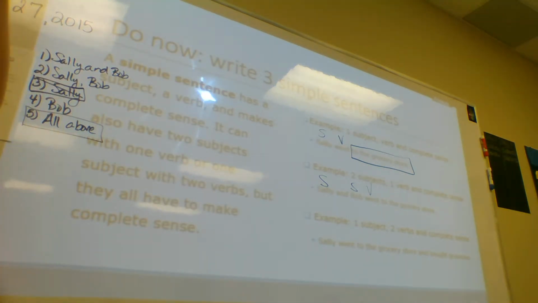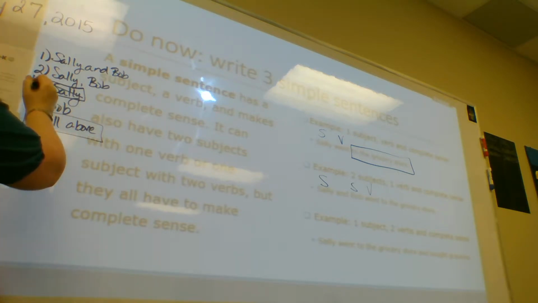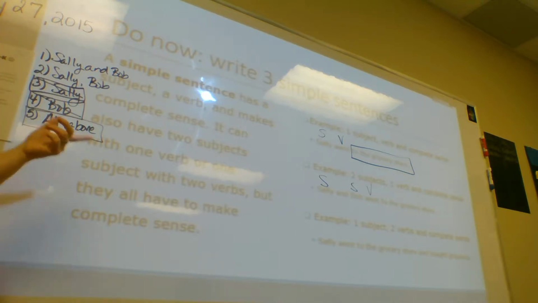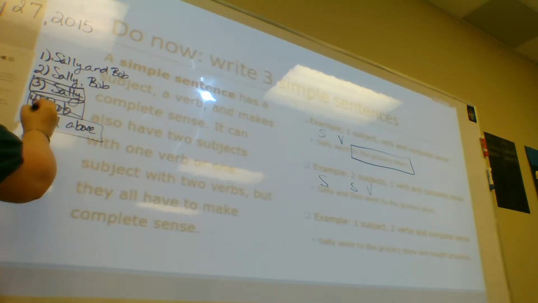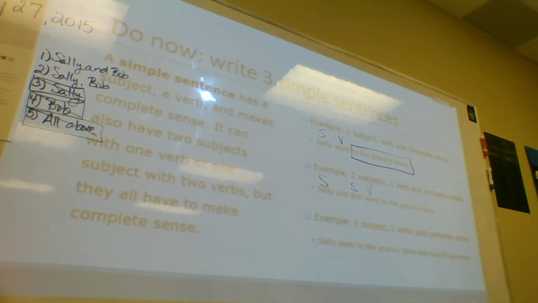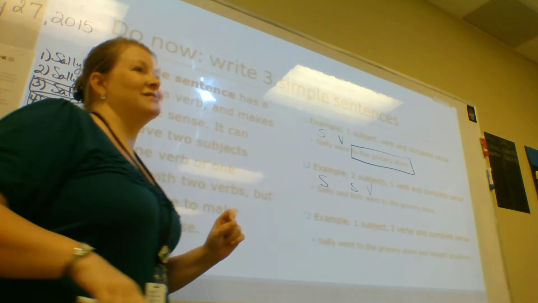Sally is not the subject by herself, and neither is Bob. So 3 and 4 can be eliminated, which also means that 5 can be eliminated, because that already takes out 2 answers. Now we're left with Sally and Bob, or Sally, comma, Bob. Keep 1 and take out 2. Why do you say keep 1 and take 2 out? Because you don't start with Sally, Bob. You say Sally and Bob went to the grocery store. You don't say Sally, Bob went to the store. Correct. You wouldn't say that in a sentence. But if my question is, what is the subject of the sentence? Sally and Bob.